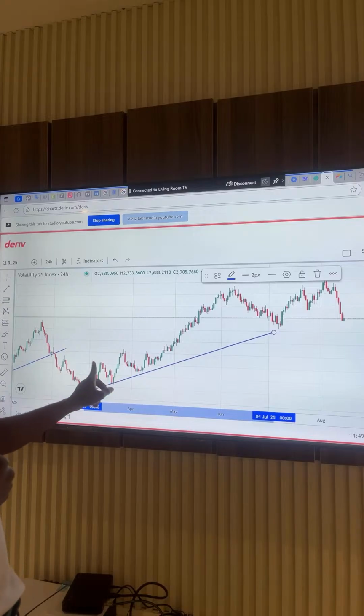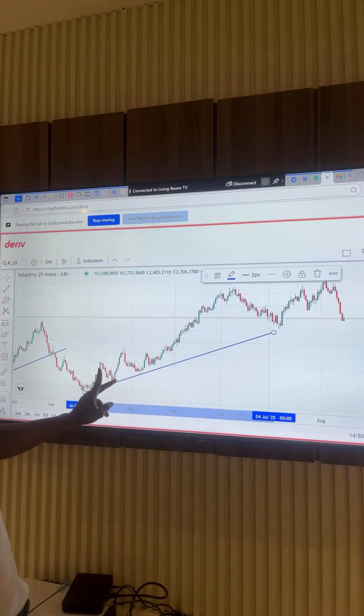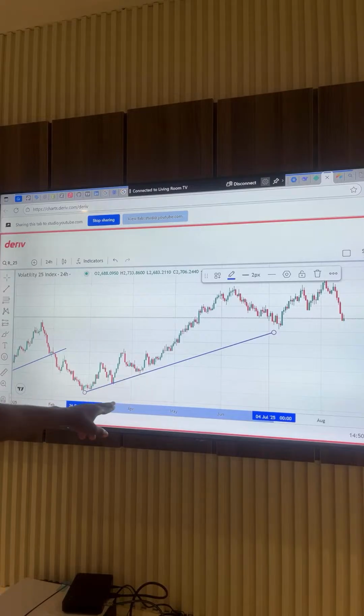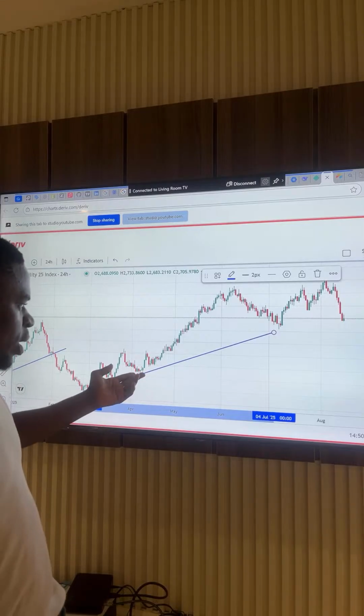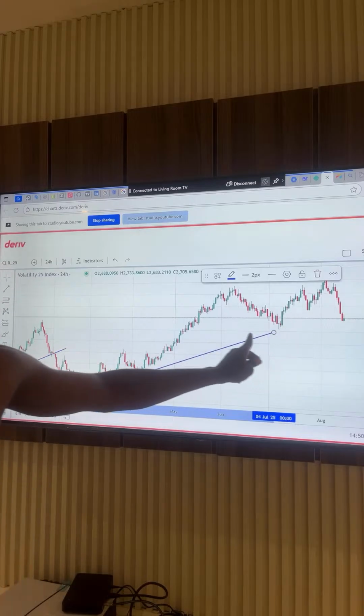The market tapped here, which is what made us draw a straight line. Market tapped here, went up. So normally, if our entry was exactly at this line, the market wouldn't have triggered our entry. But as you can see, the market gave a gap and went up and started forming the trend.